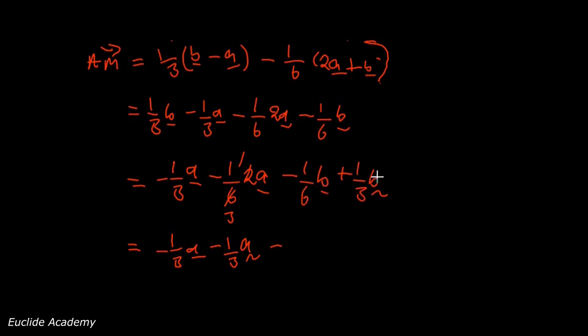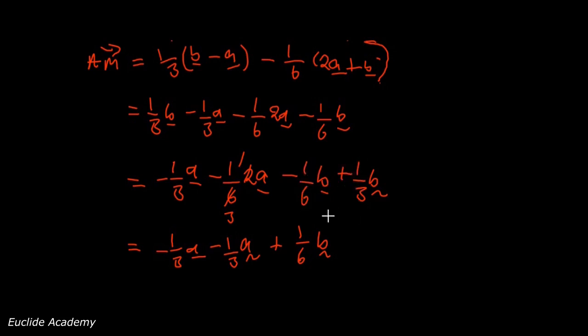This is going to be positive 1 over 6b, that's going to be the answer. And then you can verify this: negative 1 over 6 plus 1 over 3, the answer is positive 1 over 6.